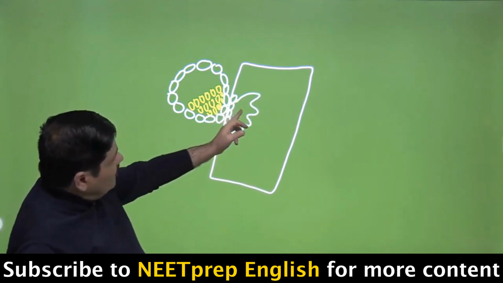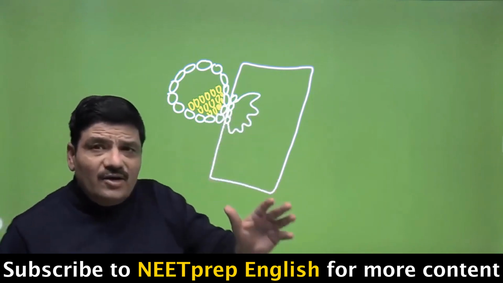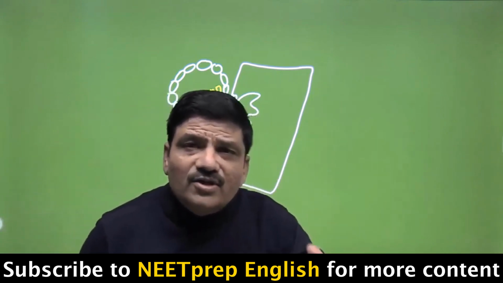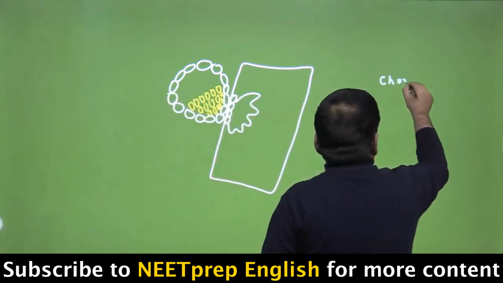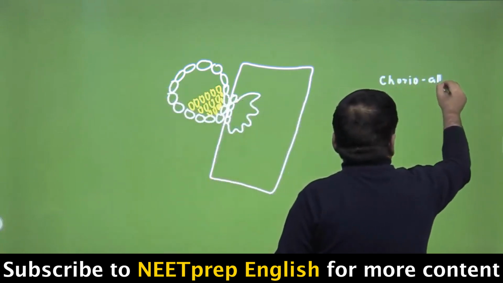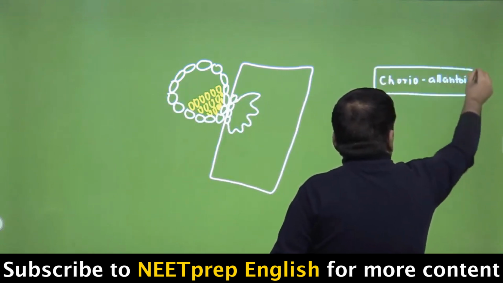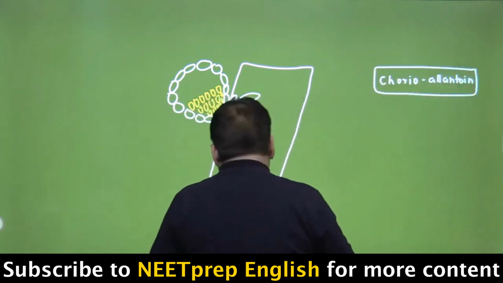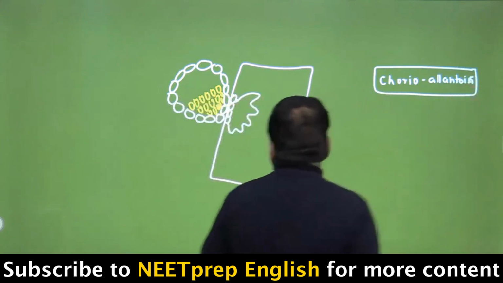You can see that trophoblast cells form chorion, and this chorion along with allantois leads to the formation of the human placenta, and therefore the human placenta is called chorioallantoic. So these are the two extra embryonic membranes that take part in the formation of the human placenta. So let us write it, chorioallantoic.